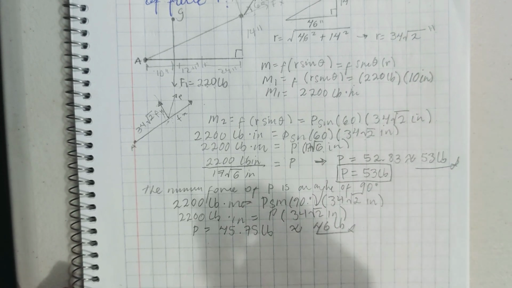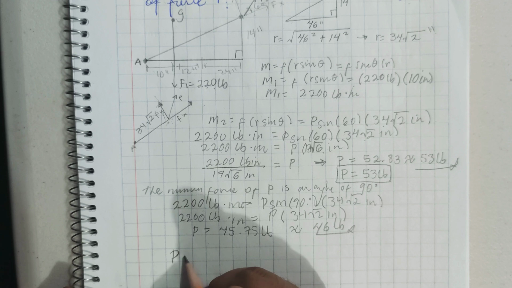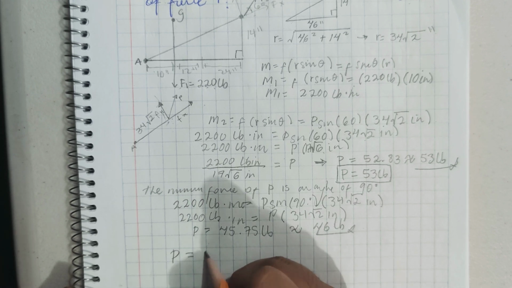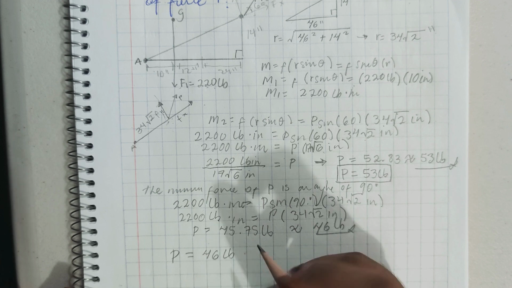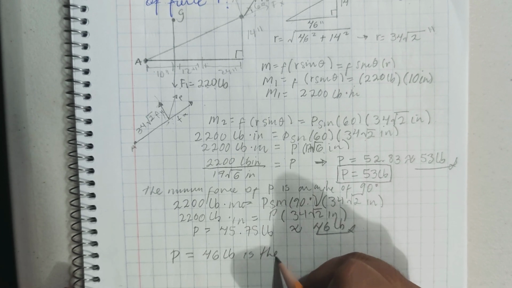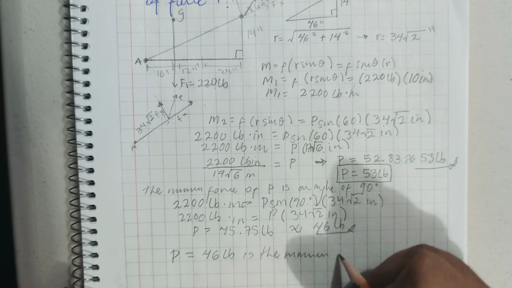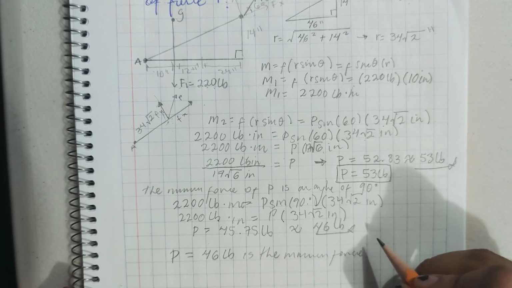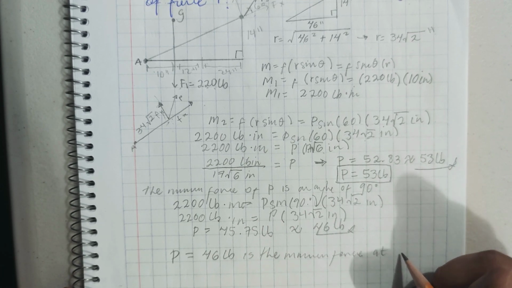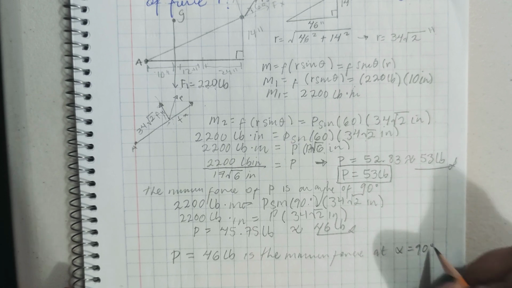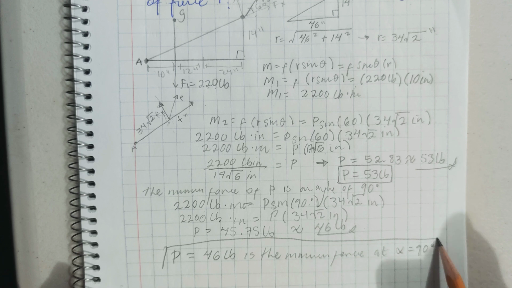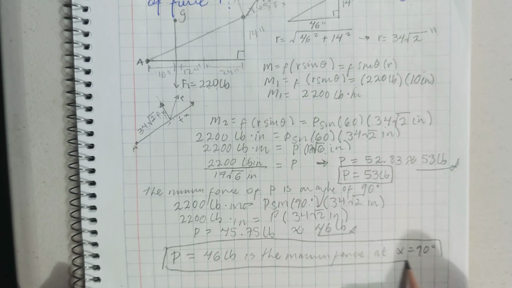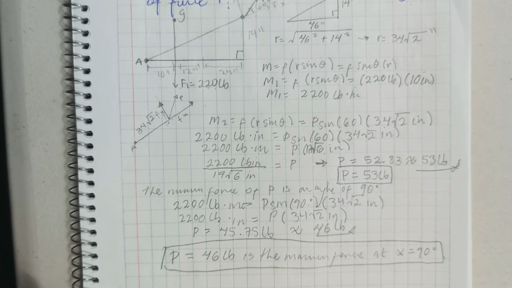And we can say that P equal to 46 pounds is the minimum force, at the angle of 90 degrees. And here we have the result of the question of the problem.